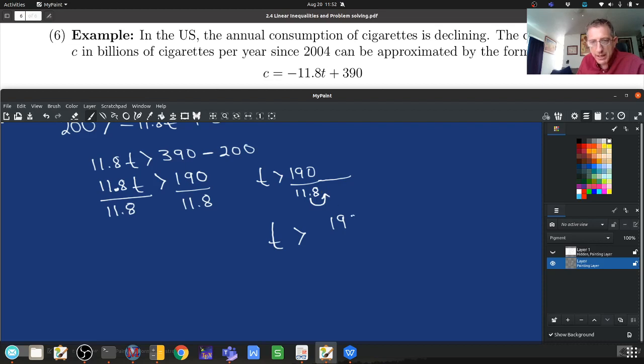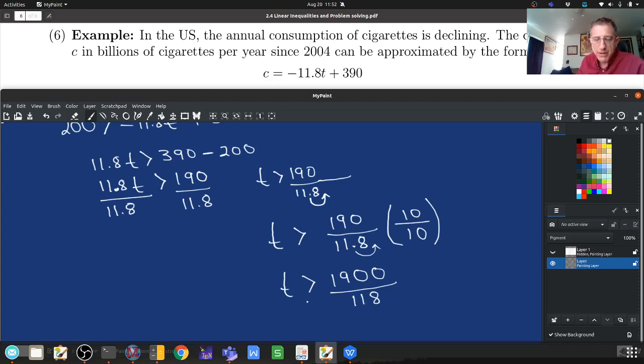So in order to move it by 1, I have to multiply the fraction by 1, but 1 is going to be disguised as 10 divided by 10. So that gives me t is greater than 190 times 10. I just add a 0, and 11.8 times 10 allows me just to move the decimal place over. And of course, if you had time, you would reduce that.